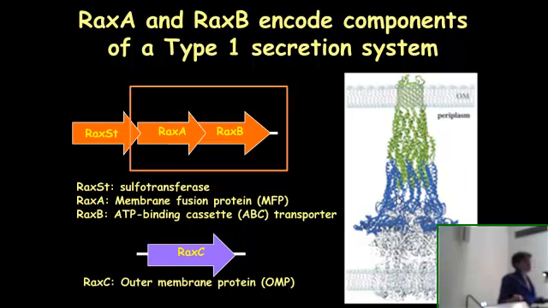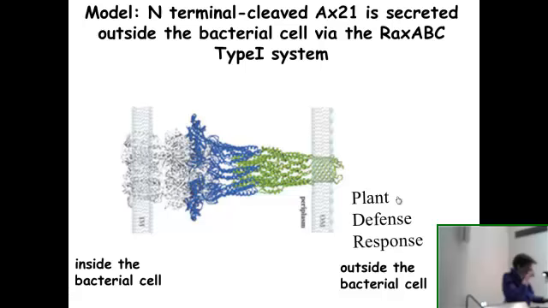RaxST encoded a putative sulfotransferase, and at first we really did not know what to do with that. So we developed a model. I should say quickly that RaxB, which is this inner membrane transporter, fell into a class of transporters that carry a conserved proteolytic domain.